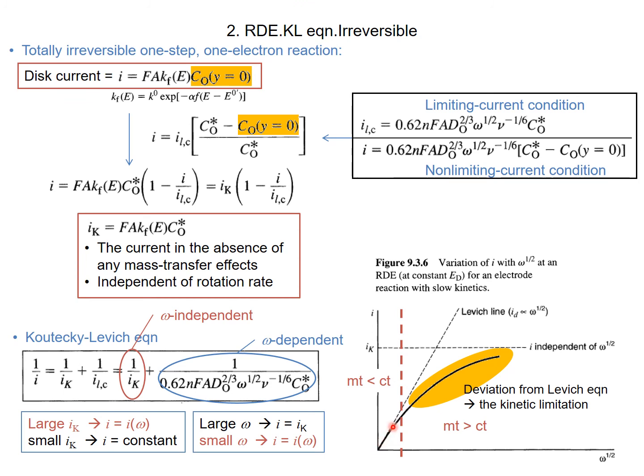However, as omega increases, there is some deviation from the Levich line. And at very fast rotational speed, it goes to the Koutecký line. I mean, you could find the Koutecký current at very high rotational speed. The deviation from the Levich equation indicates the charge transfer kinetic limitation.